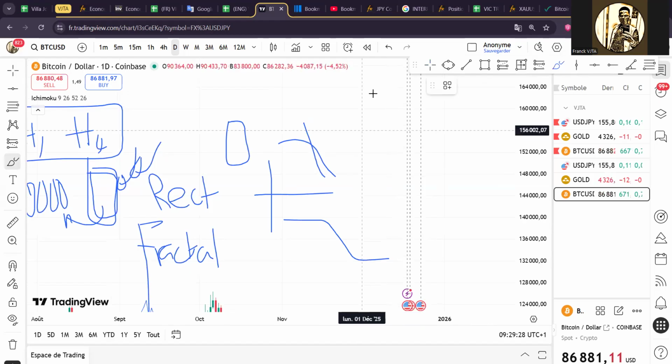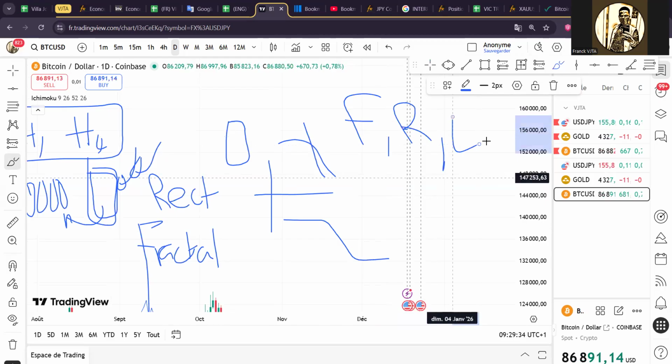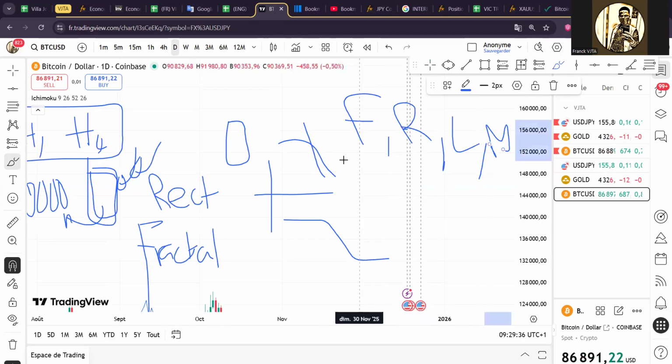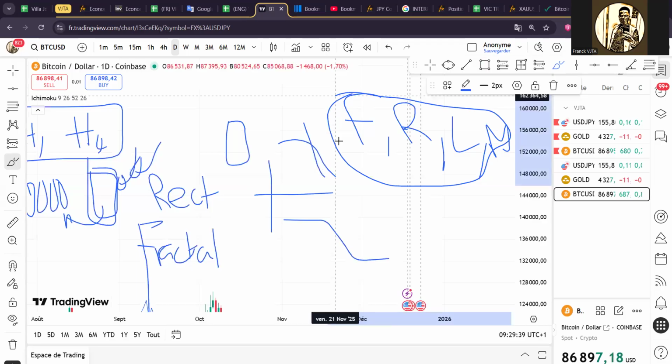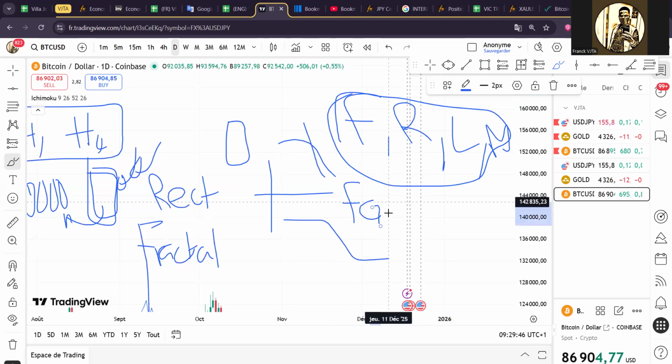So basically, you have fractal, you have rectangle, you have line, and you have movement. All of that in one analysis, right? That gives you fractal geometrical analysis, FGA.